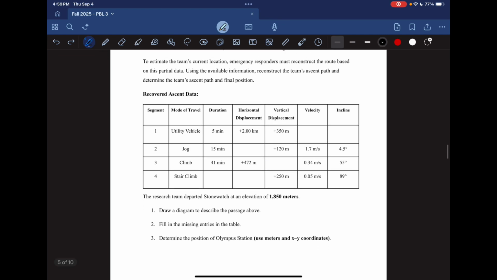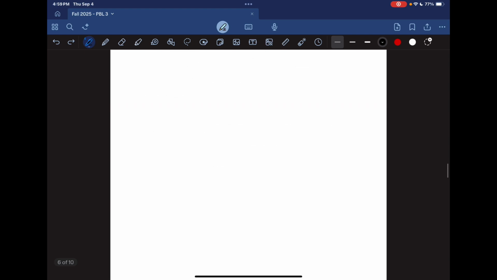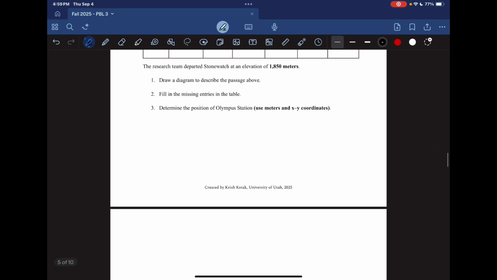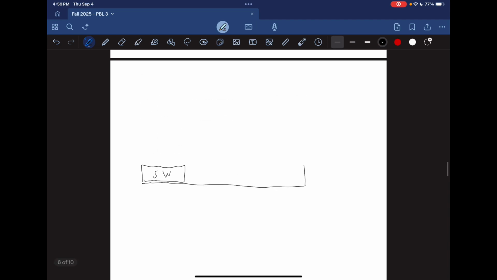First thing we always do is draw a diagram to describe the passage above. Basically, we have our Stonewatch rescue team, which I'm just going to call SW. They have some horizontal displacement and then some vertical displacement. And up here is Olympus.